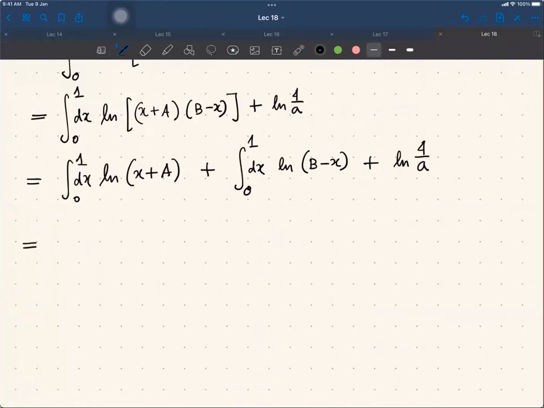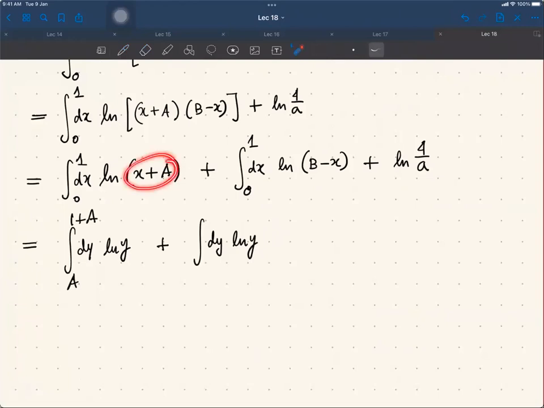And this is the same as the integral dy log y from a to 1 plus a, and this is the same as dy log y. Now y is, in this case, y is x plus a. Here y is b minus x, so dx is minus dy, and that minus sign can be absorbed by switching the limits.